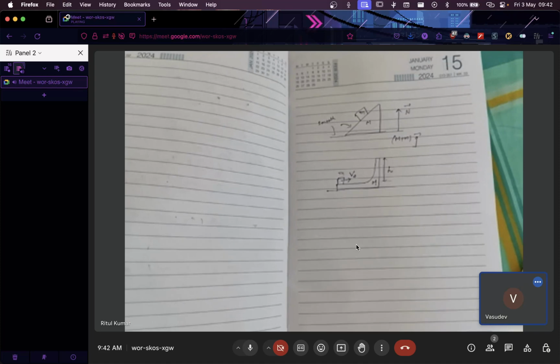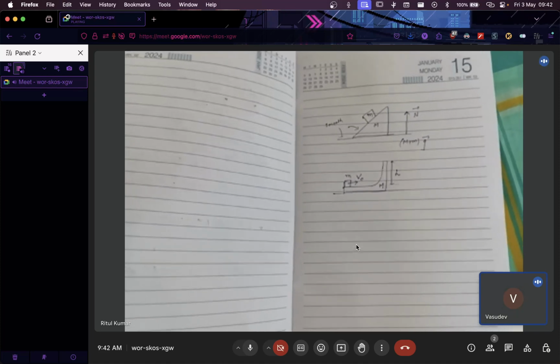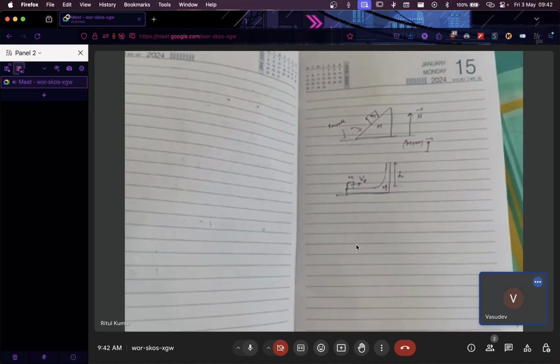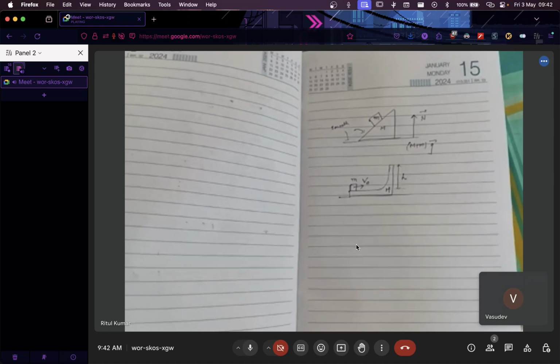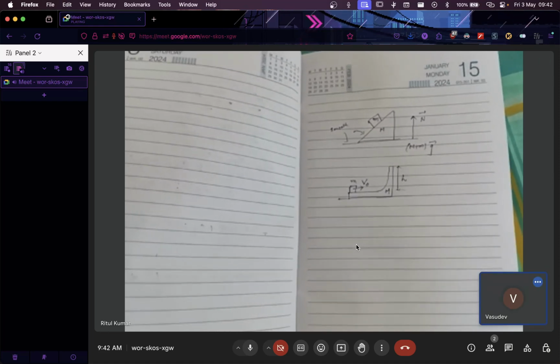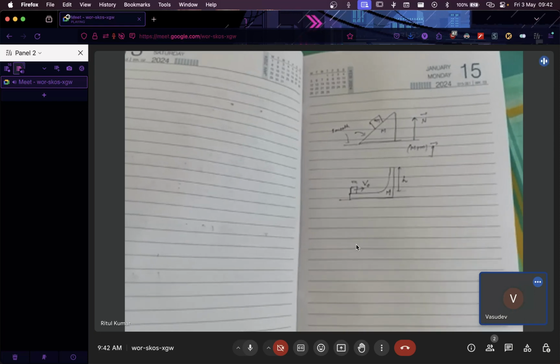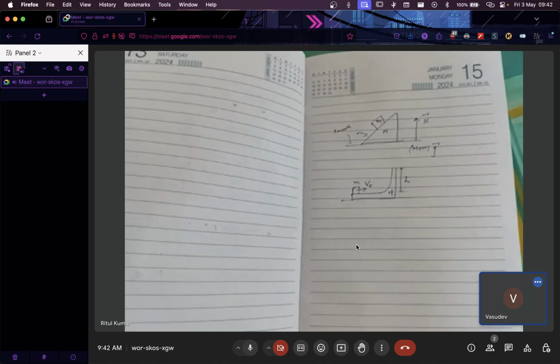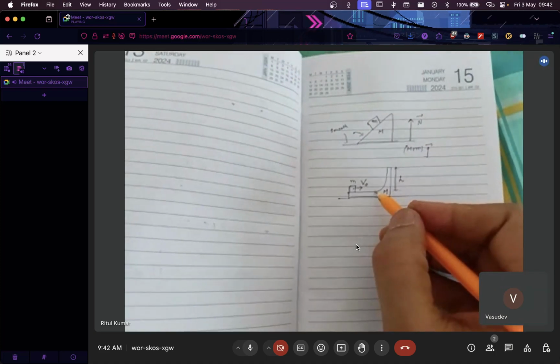The way I'm seeing this is when you release small m, it's going to push against capital M while ascending the slope. So it's going to impart some of its velocity to capital M. Correct, which will happen from this point onwards.